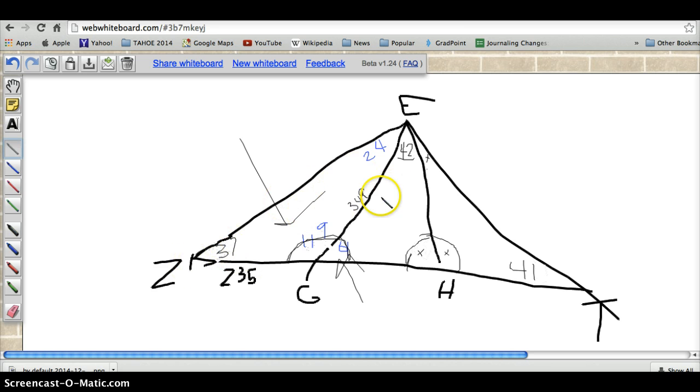So in this case, I'm looking at this. I'm going to call this, remember we called this A, B, and we called this C. Then our corresponding sides would be, this is little a, this is little b, and this is little c.